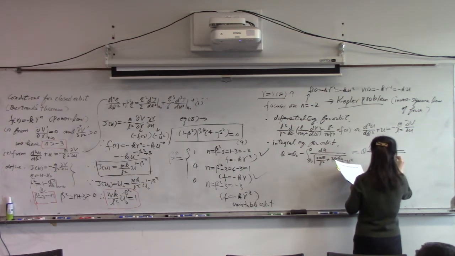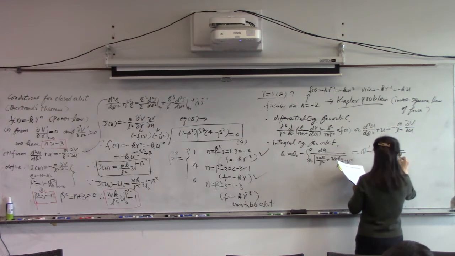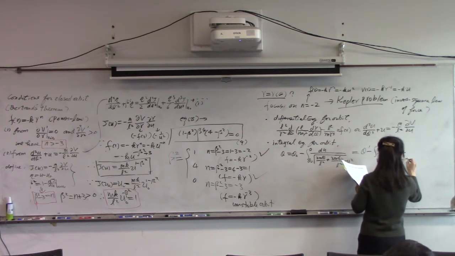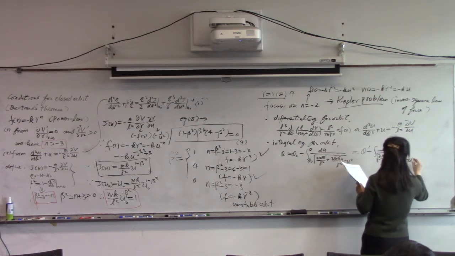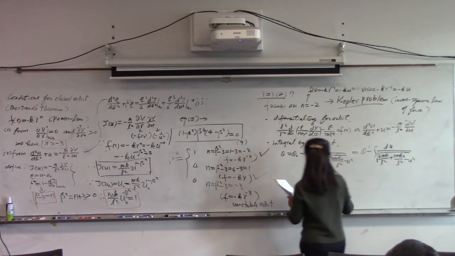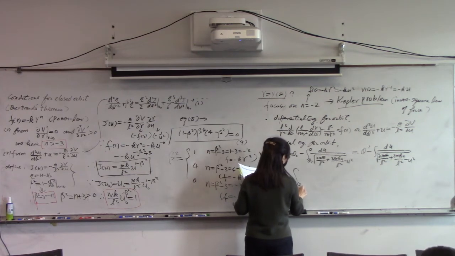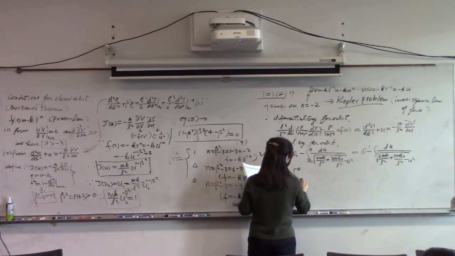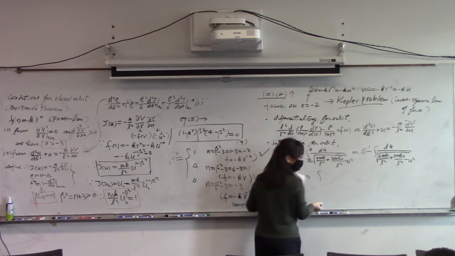The denominator is the same thing: k u over u squared plus and minus u squared.